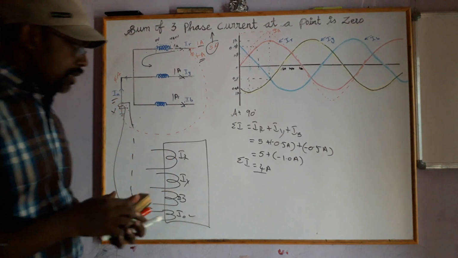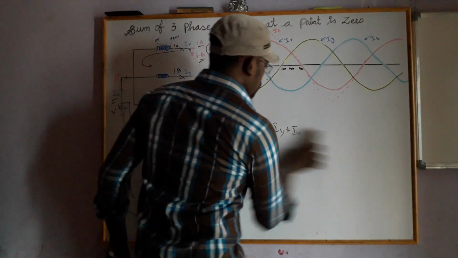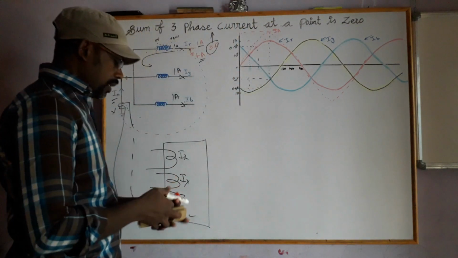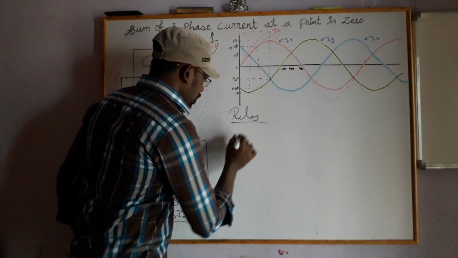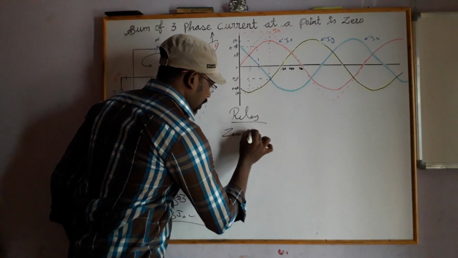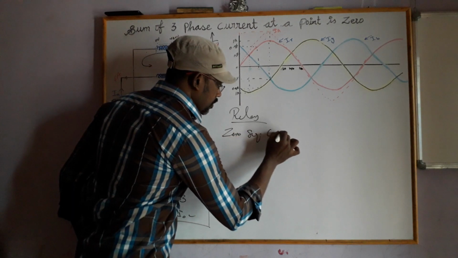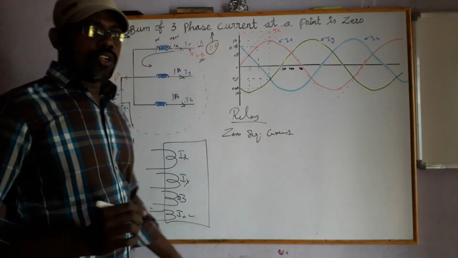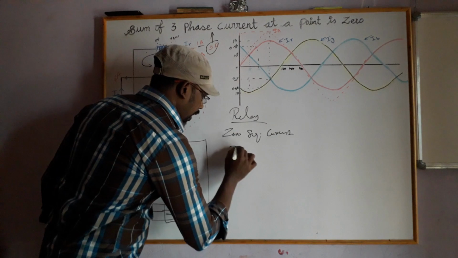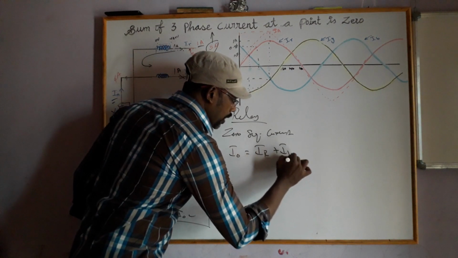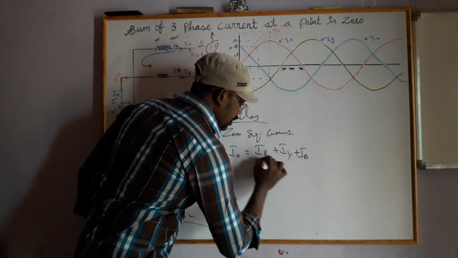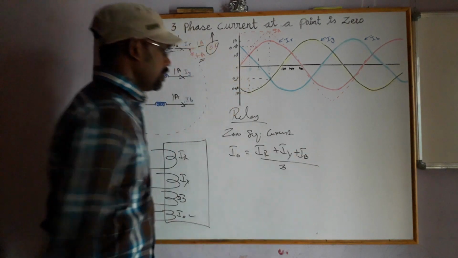If you see that, it is very simple. The relay takes the zero sequence current. Zero sequence is I naught. The formula for zero sequence is IR plus IY plus IB divided by 3.